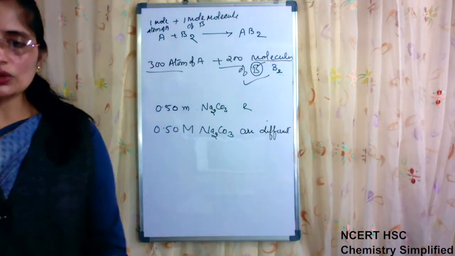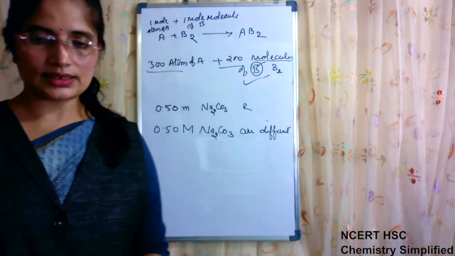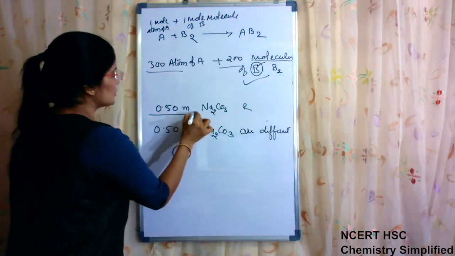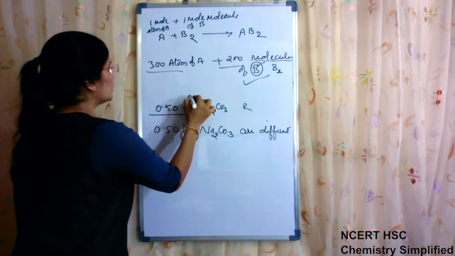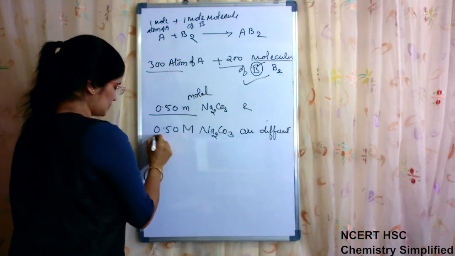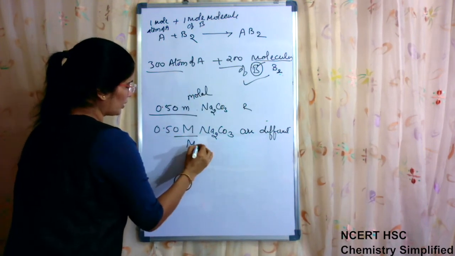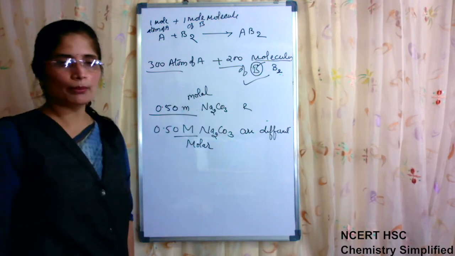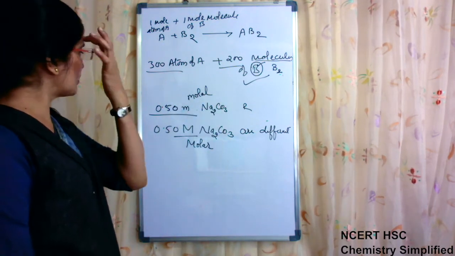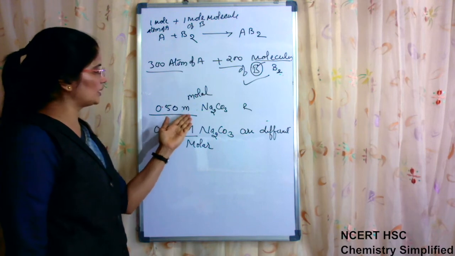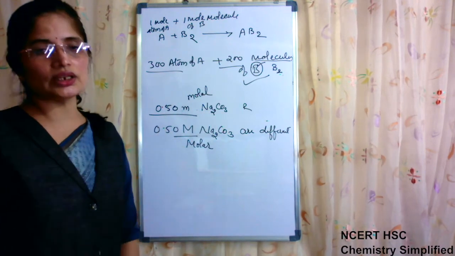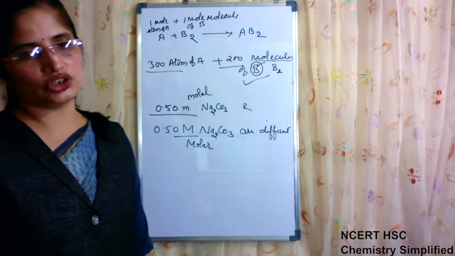So are these two terms different? Yes, these two terms are different. This is 0.50 molal, and this is 0.50 molar. Capital M stands for molar, small m stands for molal. And if I say 0.50 molal Na2CO3 and 0.50 molar Na2CO3, they are two different solutions.